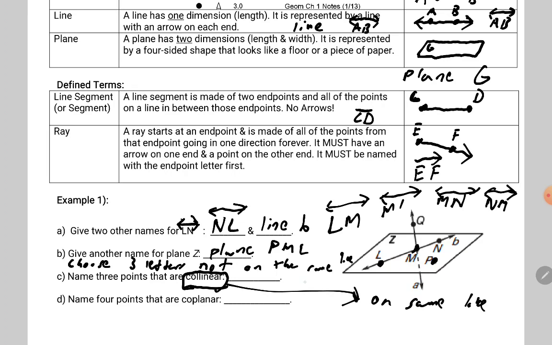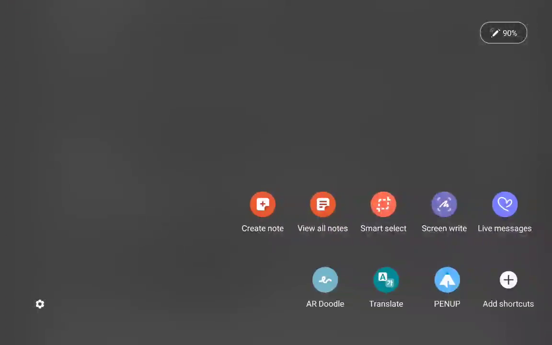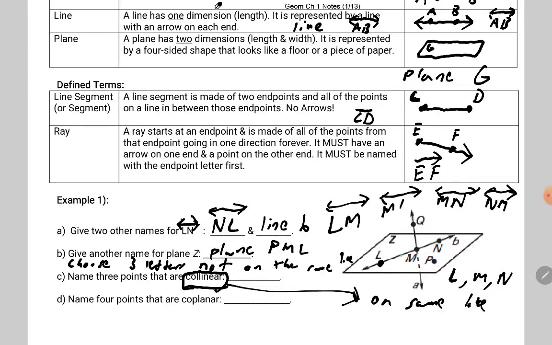For part C, L, M, N. When we're naming points, we just say the letter. Nothing special. No dots, nothing. So L, M, N. They're all on the same line. Okay, cleaning up my picture a little bit.